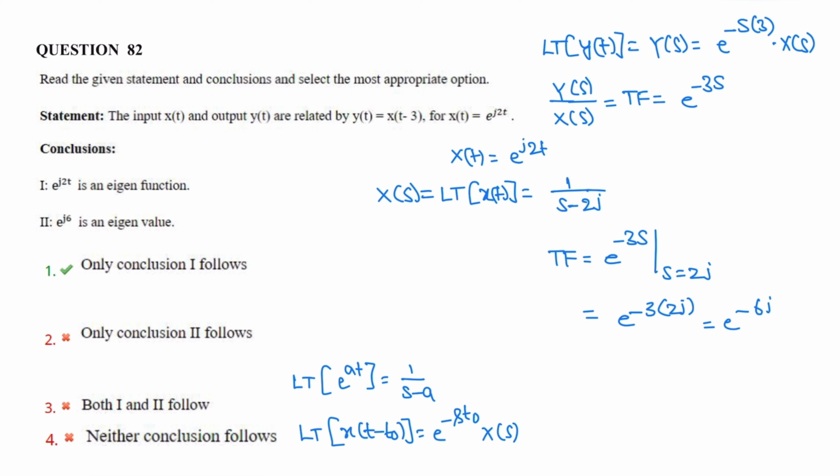So this e power minus 6j is the scalar, that is the eigenvalue. Here they have given e power plus 6j. It is not an eigenvalue, but the eigenvalue is e power minus 6j. And e power j2t is the eigenfunction. This statement is correct: e power j2t is an eigenfunction.